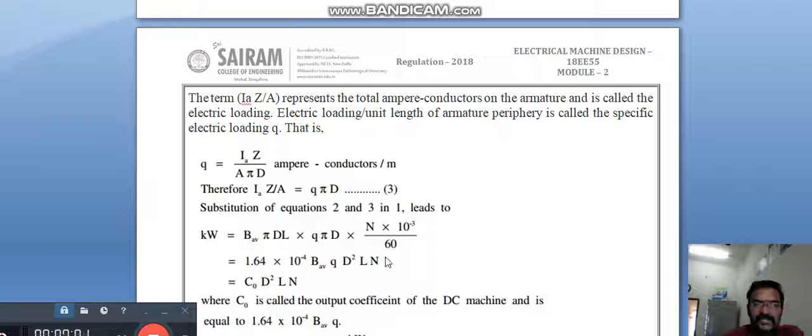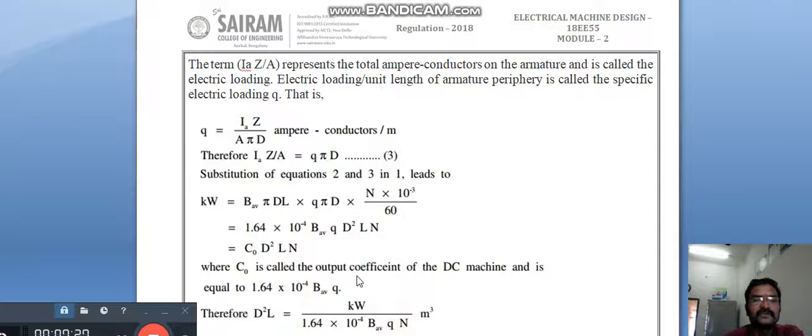Some of these terms we consider as the output coefficient of the DC machine, C0, so the output equation is C0 D square L n. Here C0 is the output coefficient of the DC machine and is equal to 1.64 into 10 to the power of minus 4 B_av into q.